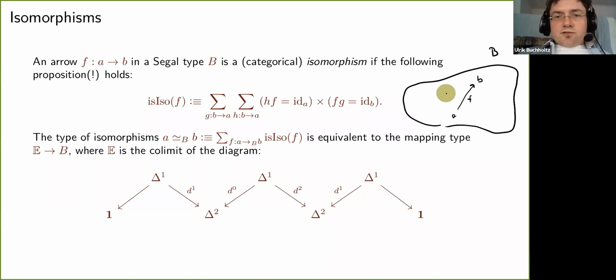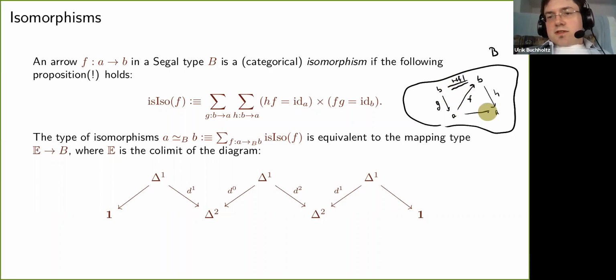And this says that there are two other arrows: an arrow from B to A, g, and another arrow from B to A, h. And then this should be an identity, reflexivity.